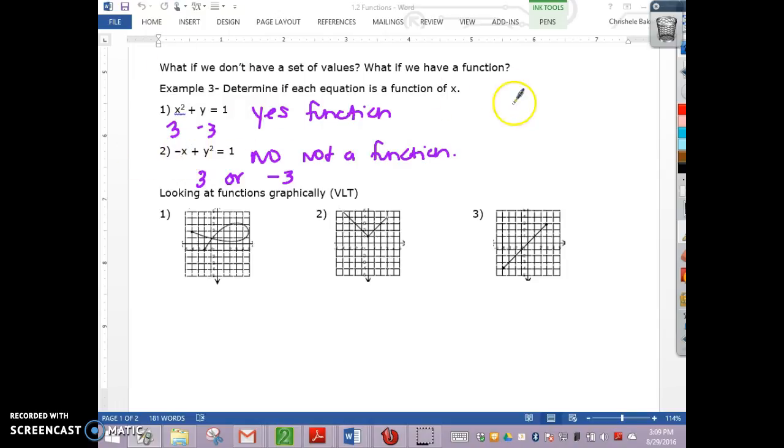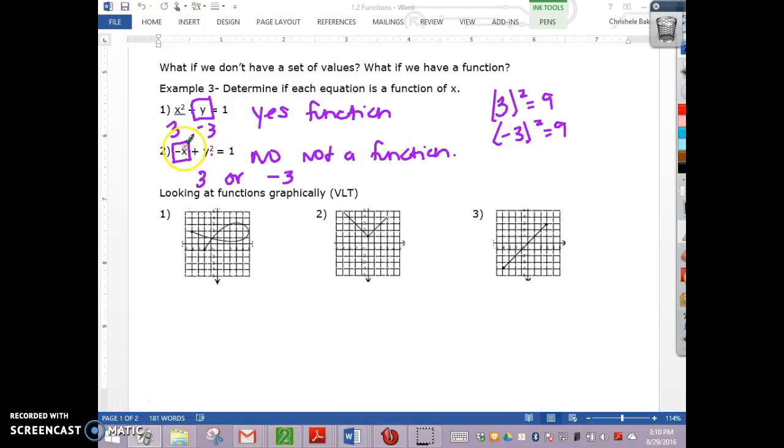So no matter if I square a 3, I get 9, or if I square a negative 3, I get 9. We're allowed to have repeated y's, but we're not allowed to have repeated x's. So if you see a y squared, that is not going to be a function. Because if you put in a negative value or a positive value, you will get the same exact answer, causing repeated x's.